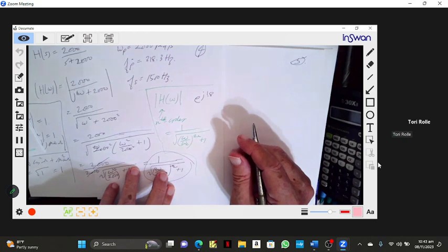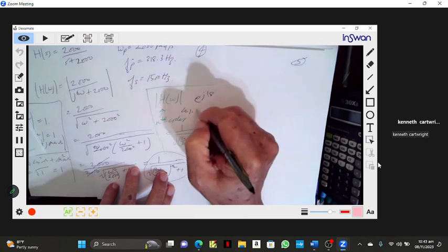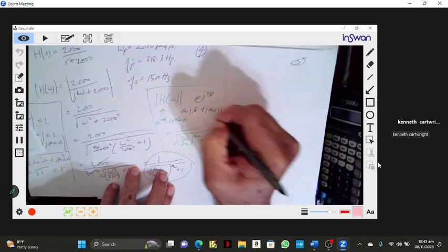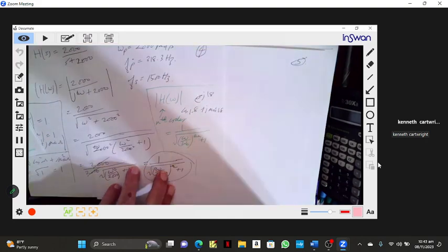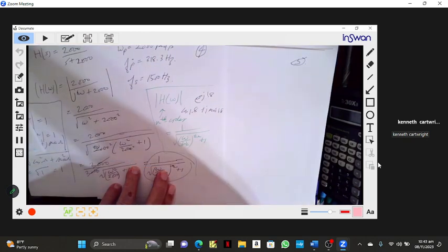So you converted to cosine 1.8 plus j sine 1.8, except that all of y'all used the negative. There was no need to go to the negative.